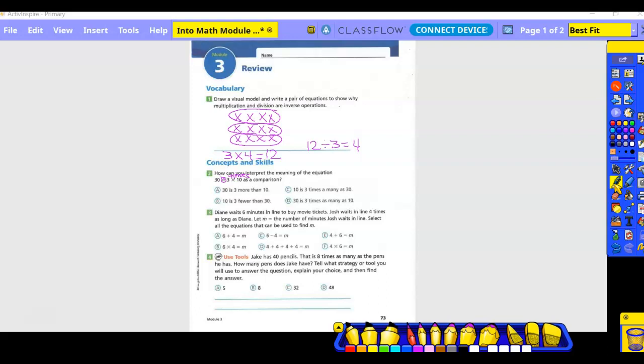More than means addition. Fewer than means subtraction. Which one of those matches what was given in the question? It says 30 is, what's with is? 30. So which one matches that? Letter D.